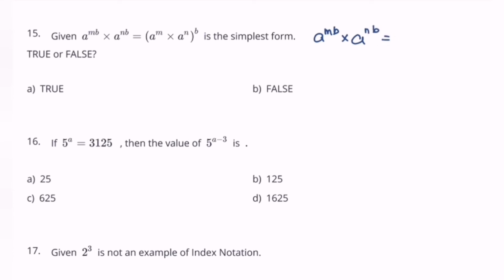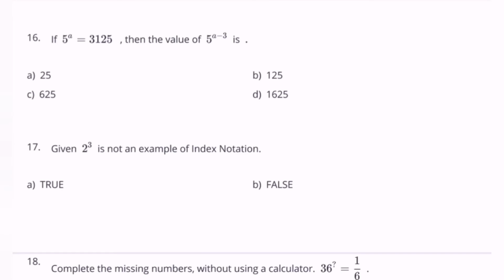By using the multiply indices, we have a to the power of mb plus nb. And we notice that we have a common term, which is b. So if we simplify, we will have a to the power of (m plus n), with the power b. So this would be the simplest form. So they said this is the simplest form, true or false. So the answer would be B for question 15.